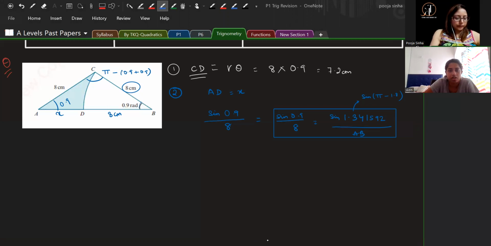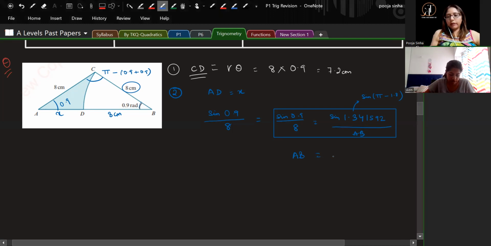Sine of pi minus 1.8, into 8, divided by sine of 0.9. Yeah, you're getting the right answer, 11.9. Now we have come back to the equation.